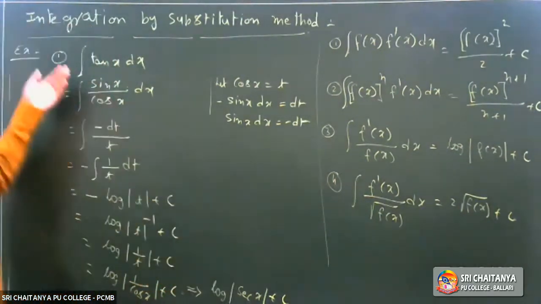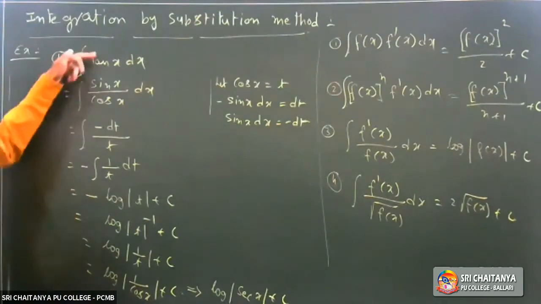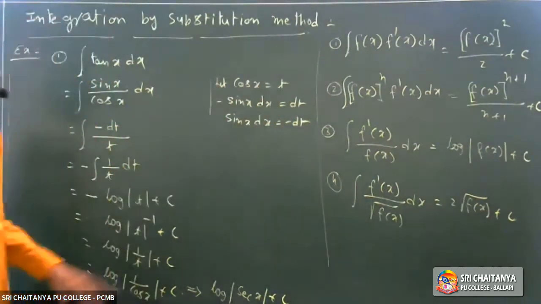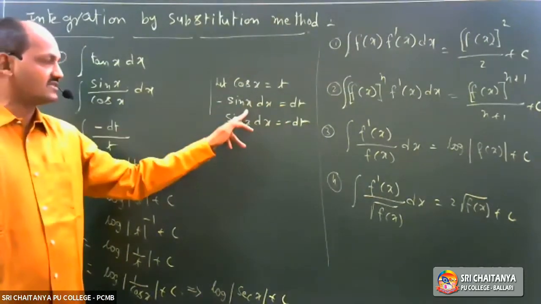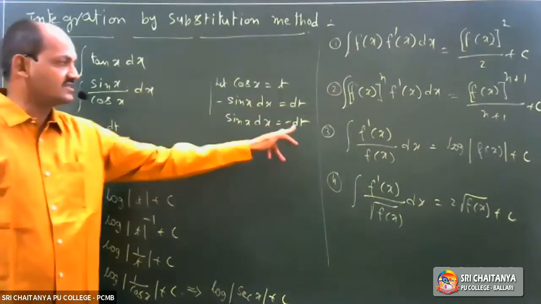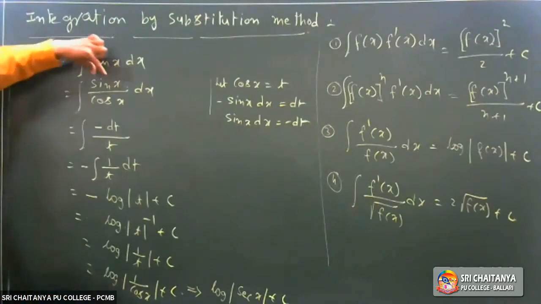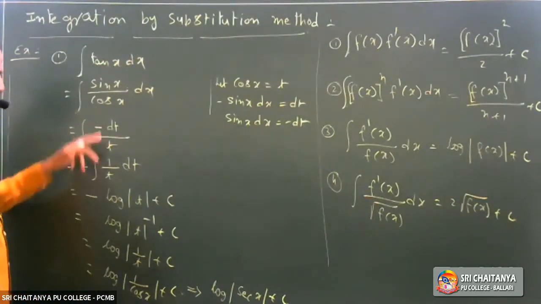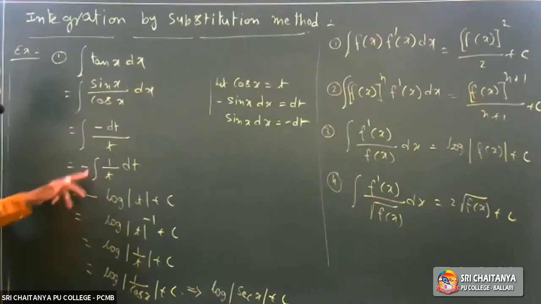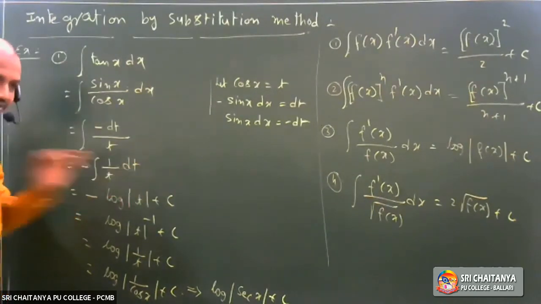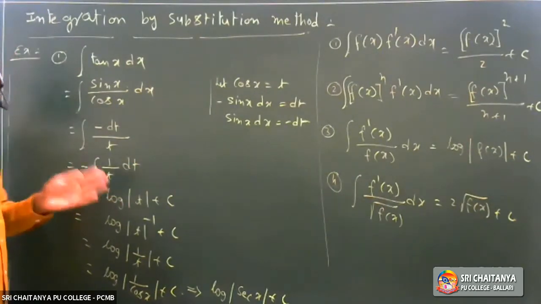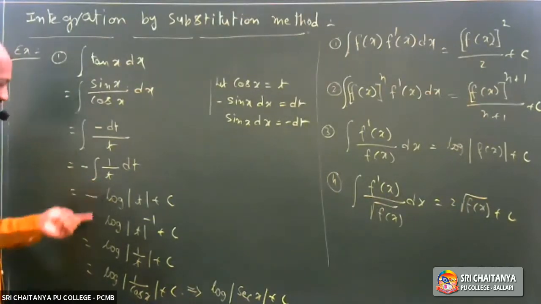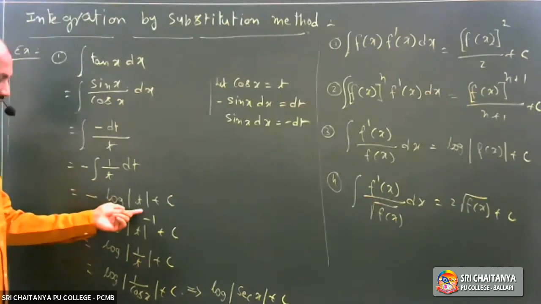How? By expansion. So tan is equal to sin by cos. The denominator we consider t. Then the derivative of cos is minus sin, so sin x dx is equal to minus dt. So this numerator term we consider minus dt, and the denominator is t. Now it is the integral of 1 by x dx form, that is log mod x. Here the function is in terms of t, so log mod t.